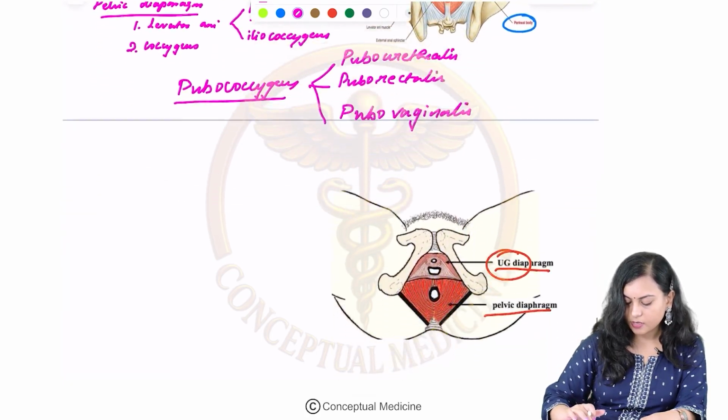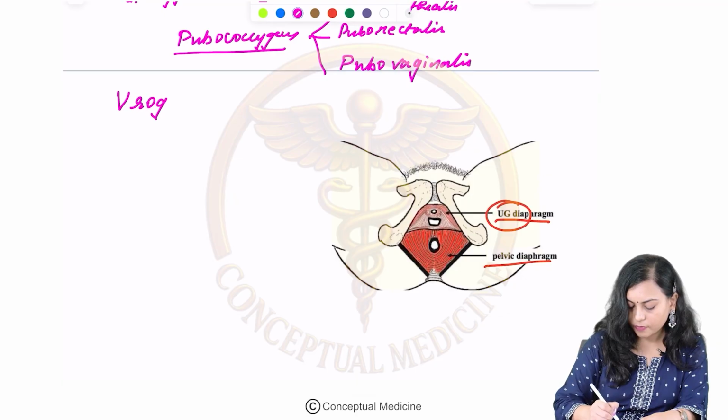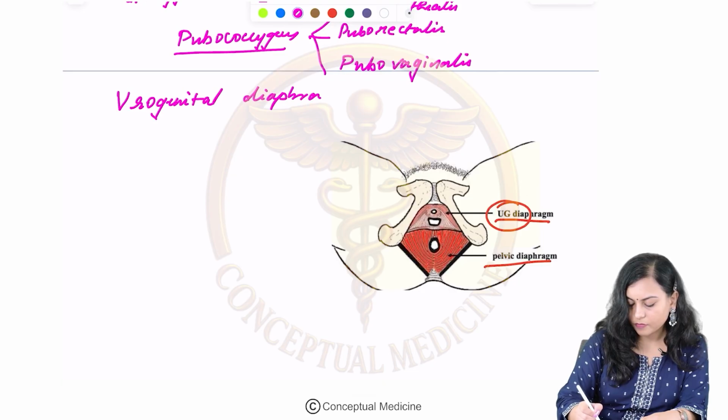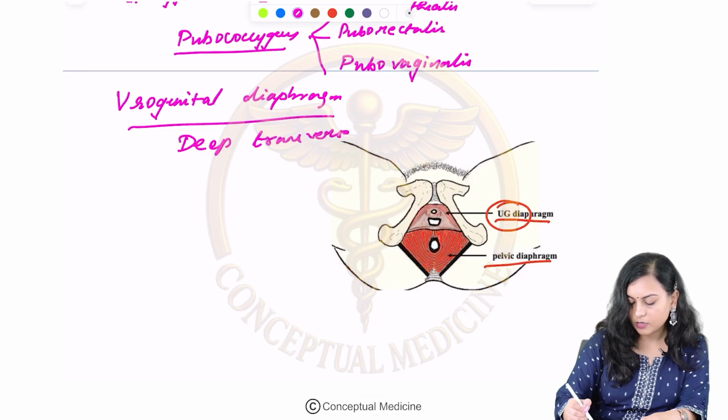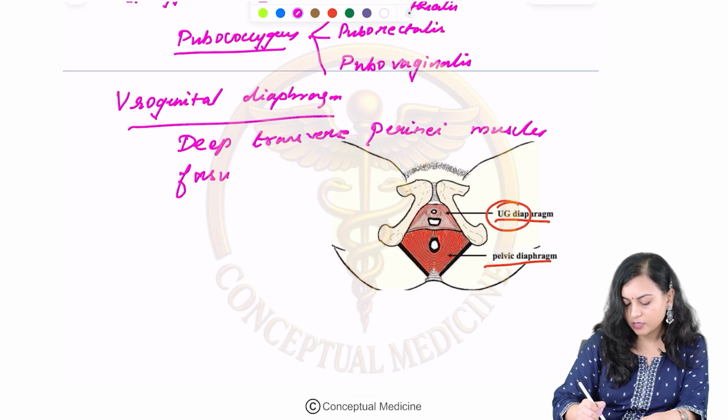Basically, the urogenital diaphragm consists of deep transverse perineal muscles and the fascia surrounding the muscles.